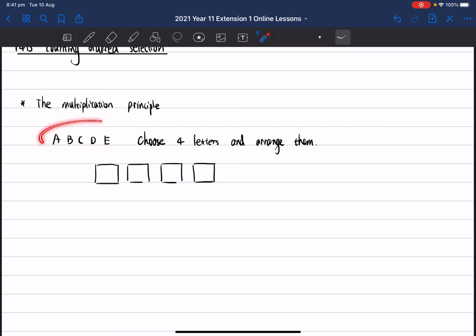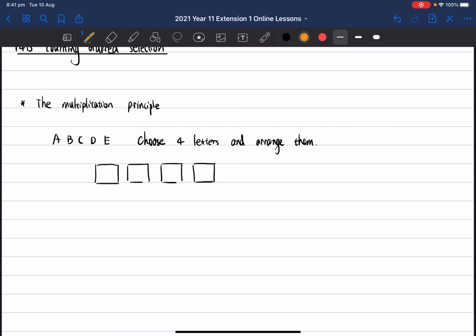Out of these 5 letters, we need to choose 4 letters, and the order is actually important. When I say the order is important, it means AB is different to BA. This is a permutation. When order is not important, it's a combination. We're going to talk about this a bit later.